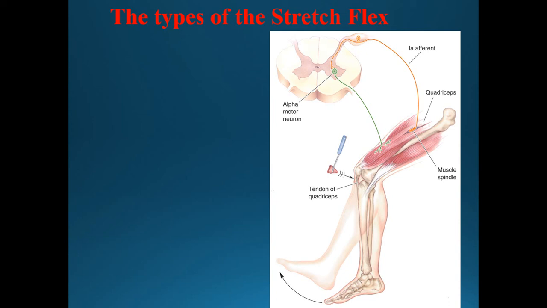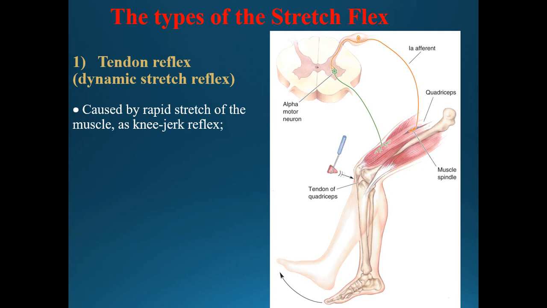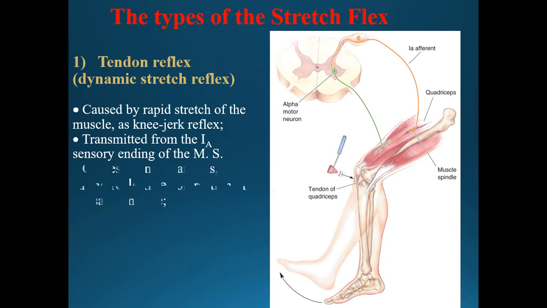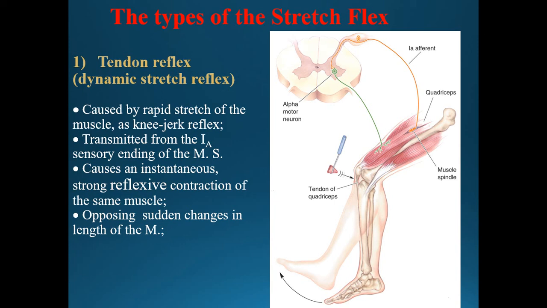The types of the stretch reflex. Number one, type 1, tendon reflex, the dynamic stretch reflex, as shown in this figure, caused by rapid stretch of the muscle, as in the knee jerk reflex, transmitted from the type 1a sensory ending of the muscle spindle, causes an instantaneous strong reflexive contraction of the same muscle, opposing a sudden change in length of the muscle.